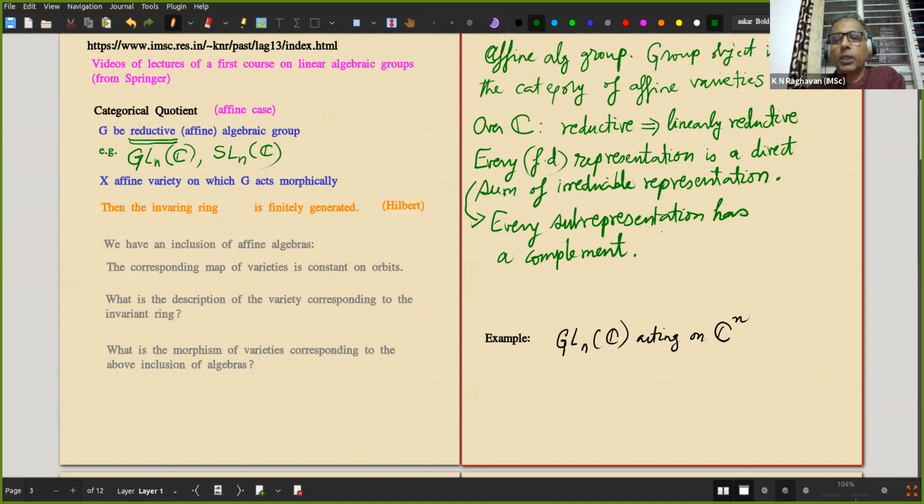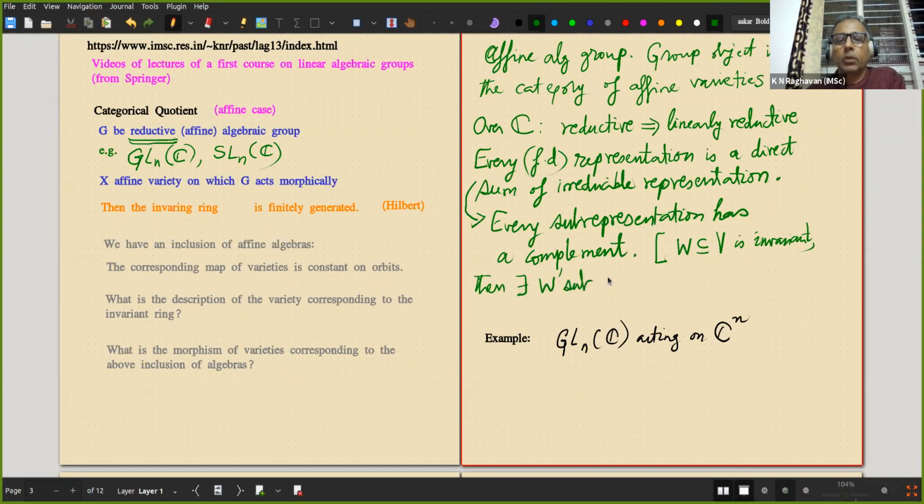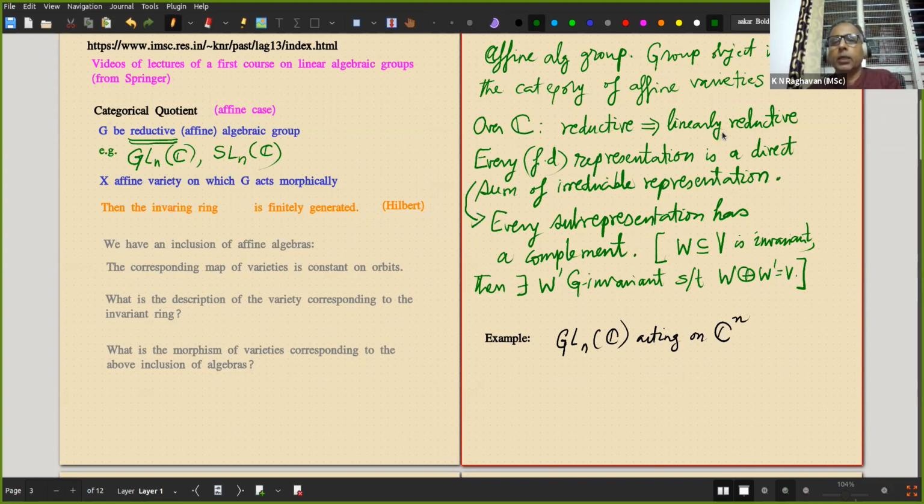So what this means is, if W contained in V is invariant, meaning a sub-representation, then there exists W prime, a G-invariant sub-representation, such that W direct sum W prime is V. This is what linearly reductive means, and reductive implies linearly reductive.